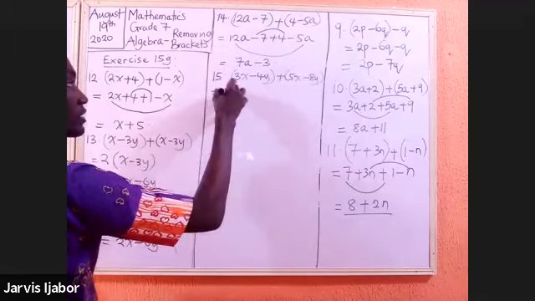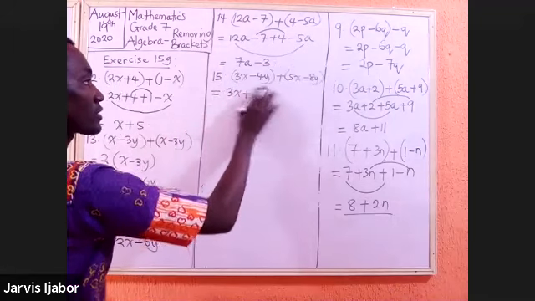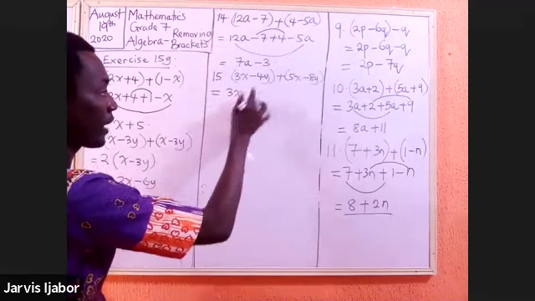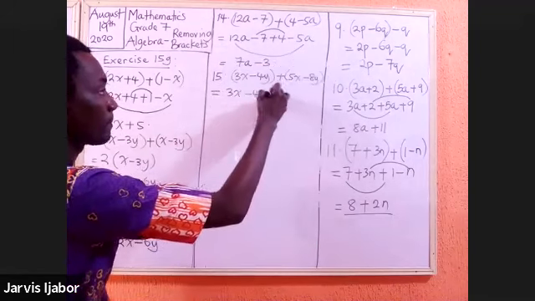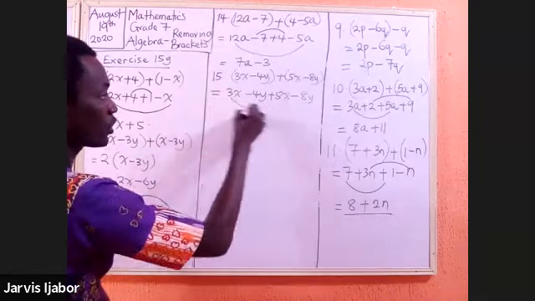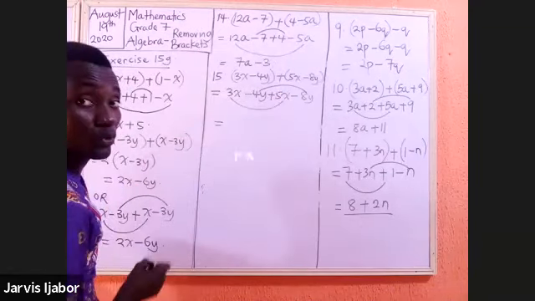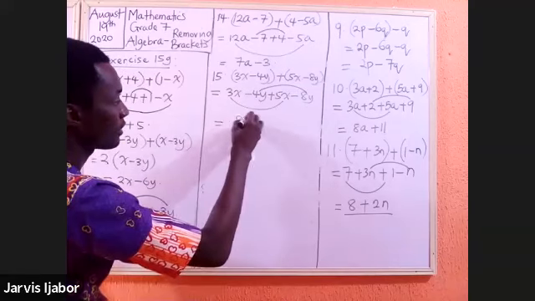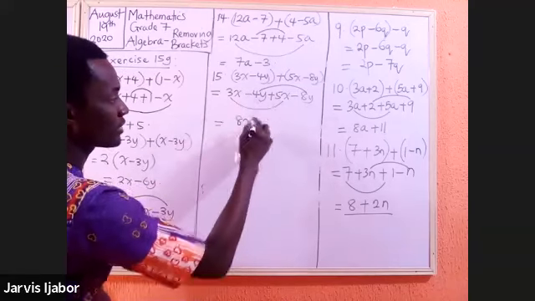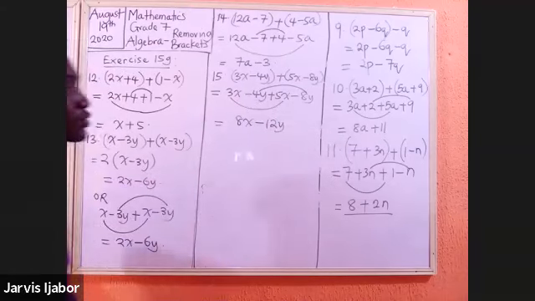So this will give me 3x plus 5x minus 4y minus 8y. So this will go with this, and this will go with this. So 3 plus 5 will give me 8x. And these signs are both negative, so it will be negative what? 12y. They are the same signs, so we would add them. So we're done with 15.